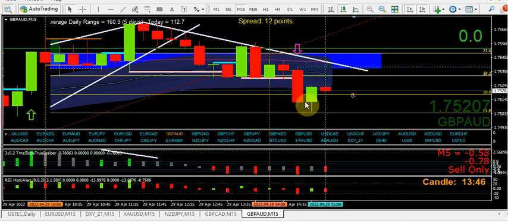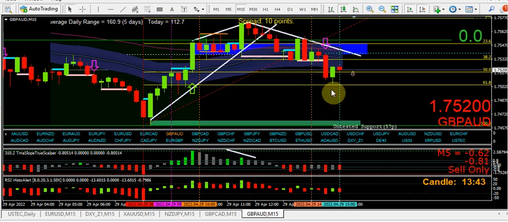Yeah, so how amazing is that? Fibs are fantastic for targets, and I probably didn't get the high correctly on that, but I'm not going to mess around too much with that. So in fact, there's the low there, so it was pretty close.